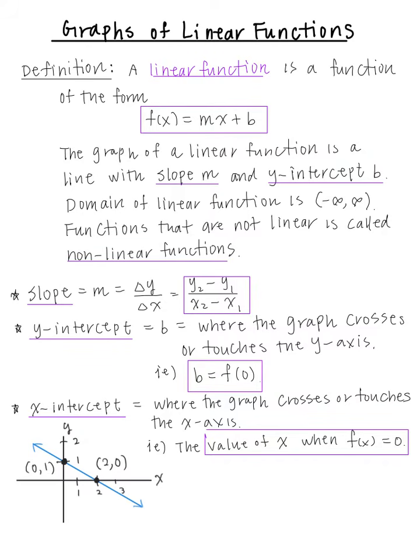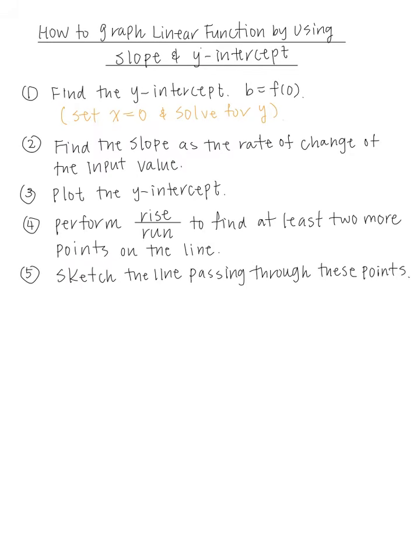So that's why it says b, which is the y-intercept, is the y value when x is 0, which makes sense. And for the x-intercept, it's the value of x when y equals f of x equals 0, which makes sense.